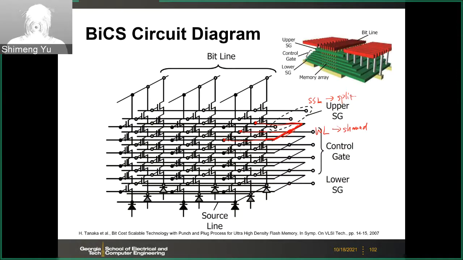Otherwise, you cannot distinguish them. You must have the SSL split. So when you select a string, you have to decode the SSL. For example, you select this string: you apply voltage here, and you ground the other string selects. So this string is selected, and you read out the data from this string.